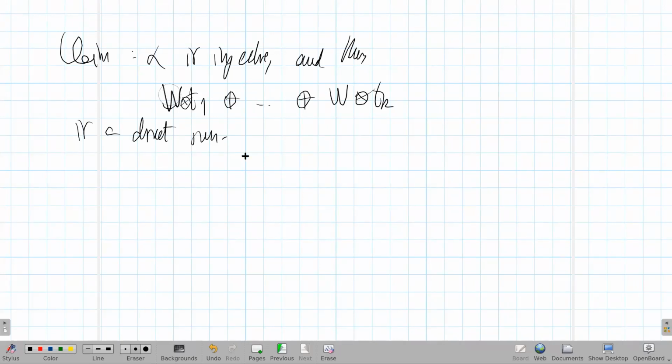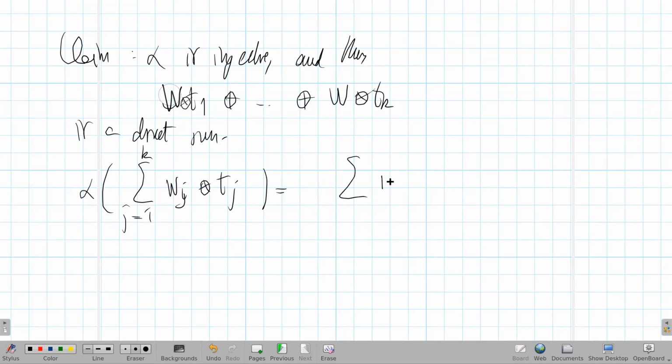Sorry, I'll need a couple of minutes more, because if you take an element here, where the Wj are here, and you apply alpha to this, you obtain some Wj Tj, okay?